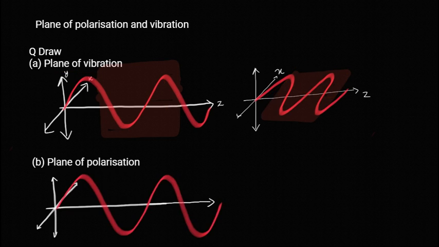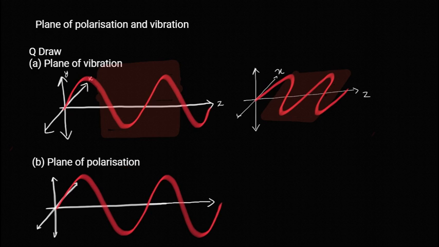So consider this wave. Now we know the wave is vibrating along y-axis. So the y-axis is the plane of vibration. The plane which is perpendicular to this red plane is known as your plane of polarization.